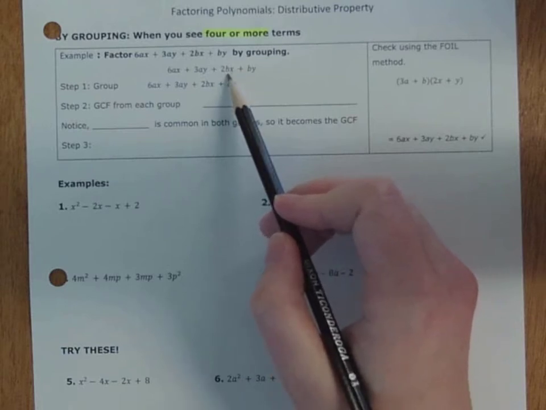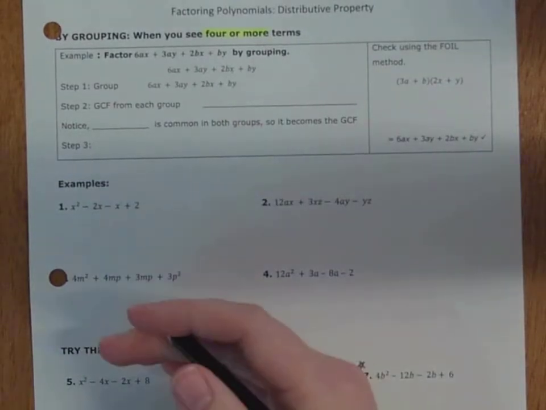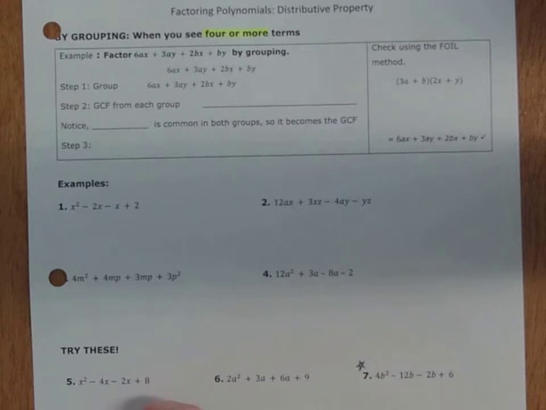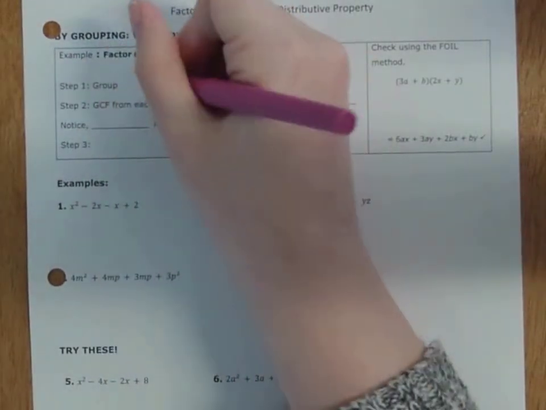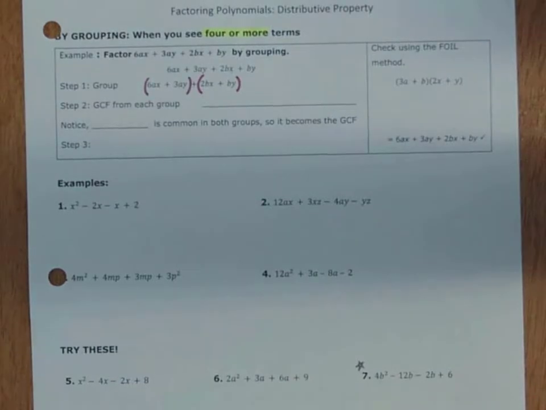This doesn't have an a, and it's not factorable by 3. So when we run into that issue of there is no GCF, but there are 4 terms, we group. So instead of trying to look for the GCF in 4 terms, I'm gonna group 2 terms by 2 terms. And I'm gonna see if I can find the GCF out of these groups.